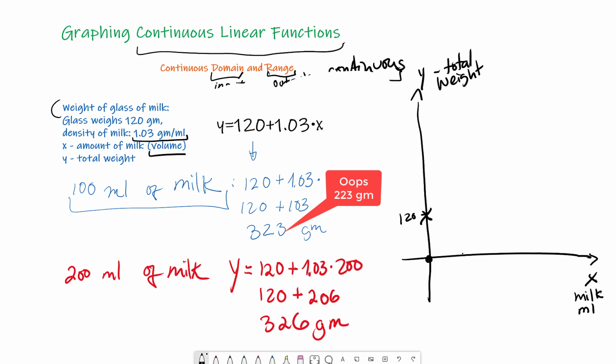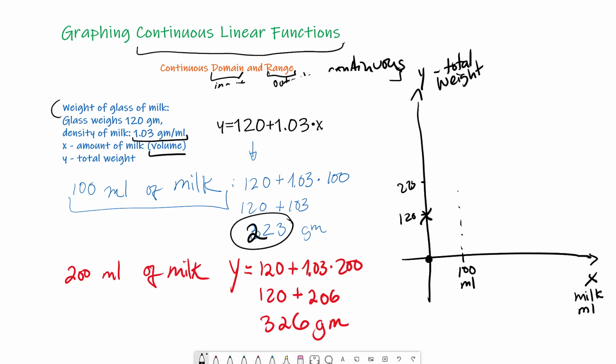If we go to 100 milliliters here, now we know that we have 223 grams, because we have 120 plus 103. So let's put that over here, and this is not going to be perfectly exact, but we're just going to draw it kind of roughly.